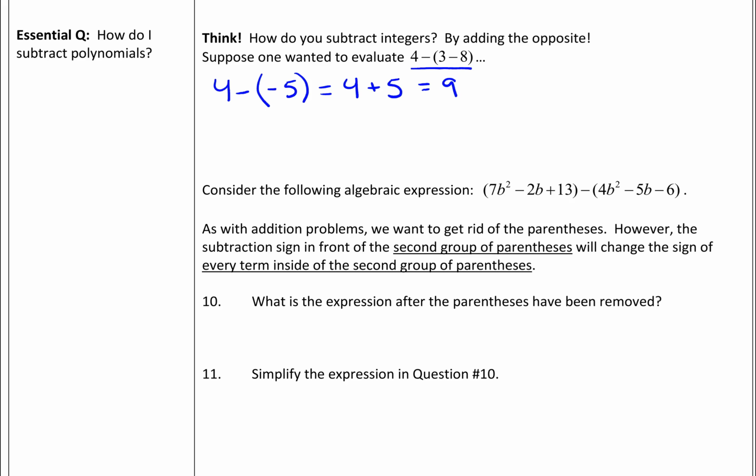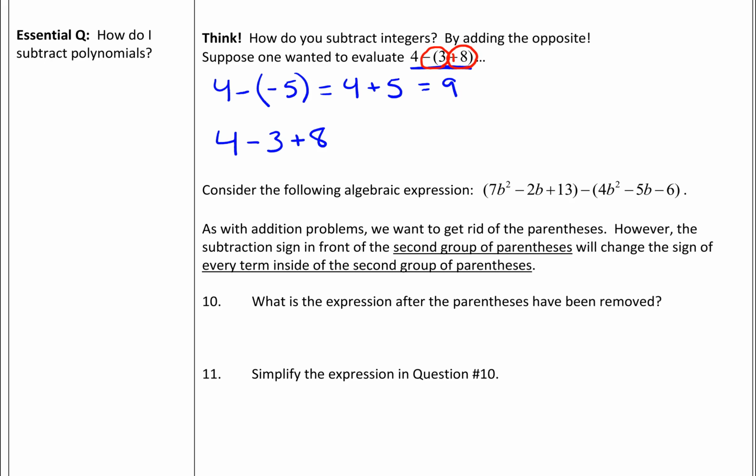Well, I also want you to consider this. Let's say I rewrote the expression like this. This original expression, 4 minus the quantity of 3 minus 8. Let's say I wrote this, 4 minus 3 plus 8. So notice what I did. This became minus 3.